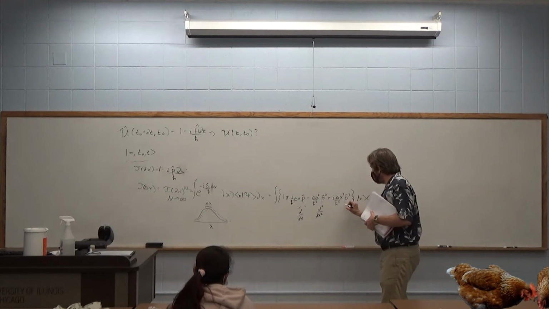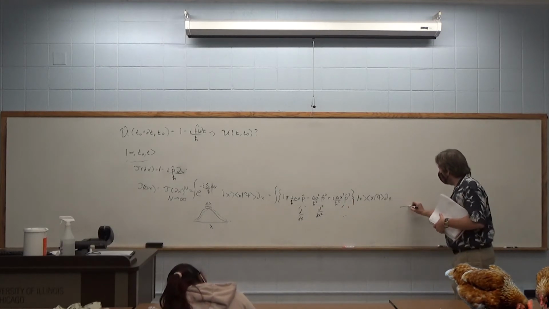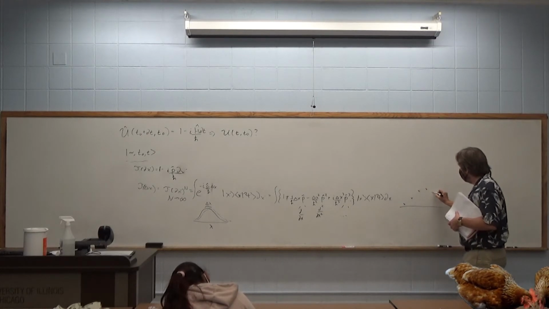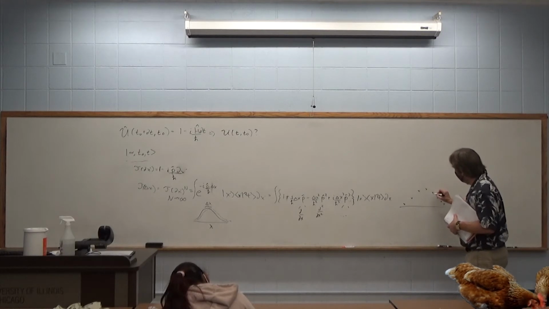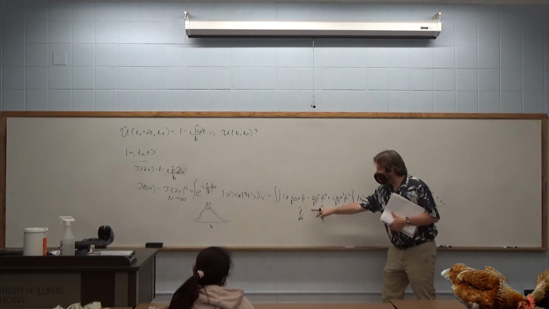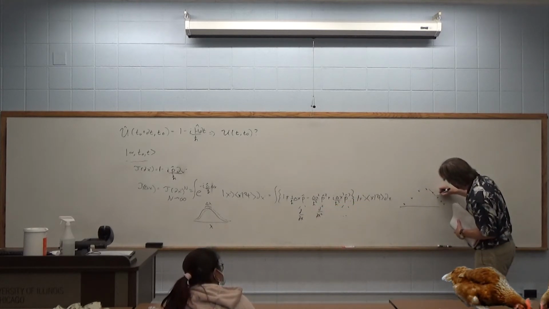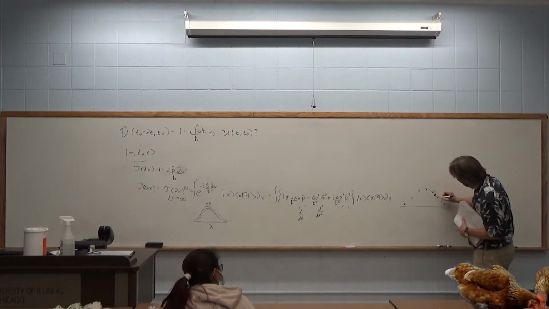So what's happening is, at any given point, you're going to start at the beginning, and then you look at the slope of the wave function, and you move along by the slope, right?